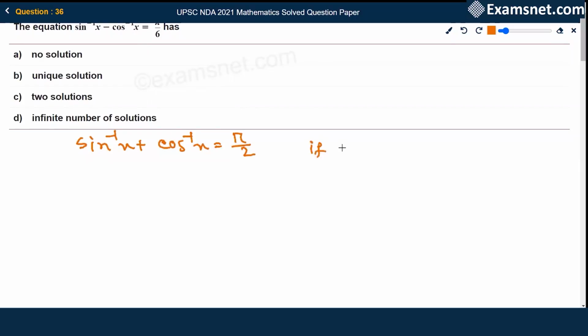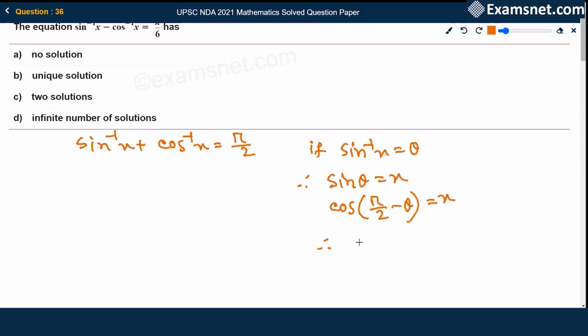Assume that sine inverse x is theta. Therefore, we can write sine theta as x. Also sine theta can be written as cos of pi by 2 minus theta, so that is also x. From here, we can write cos inverse x equals pi by 2 minus theta.